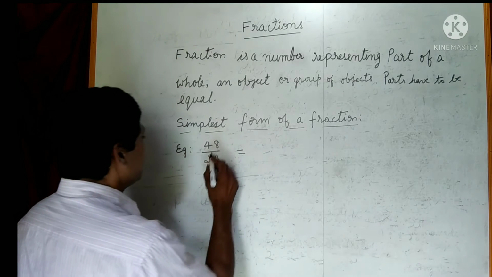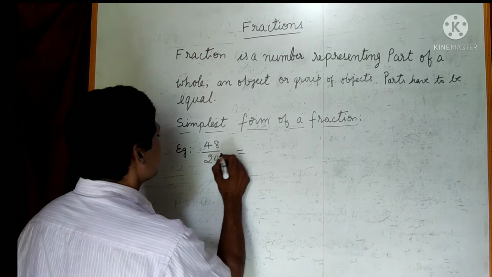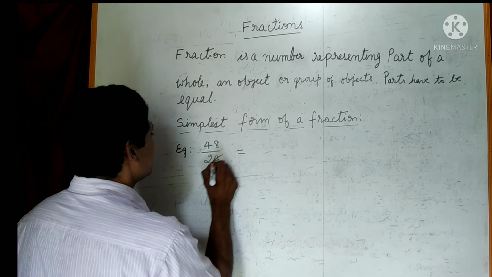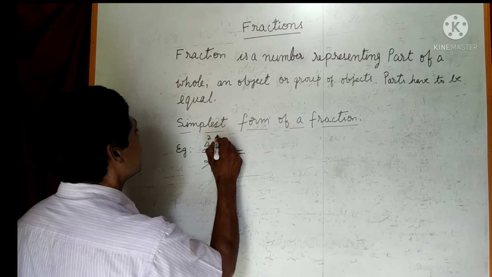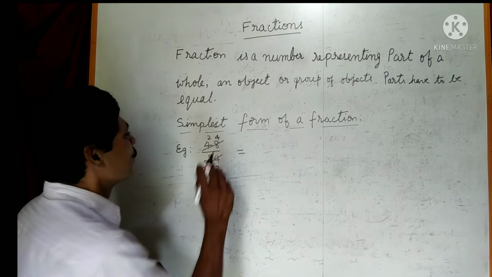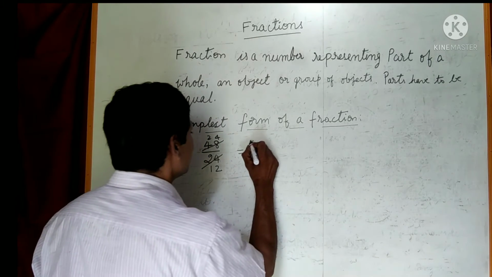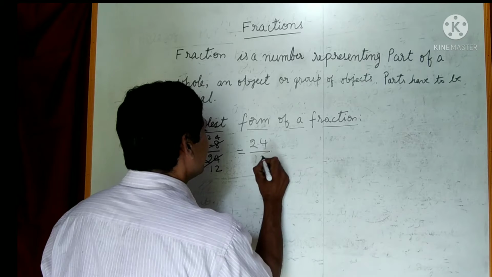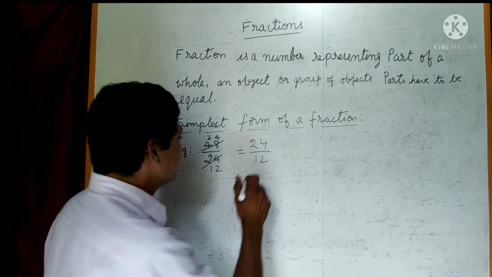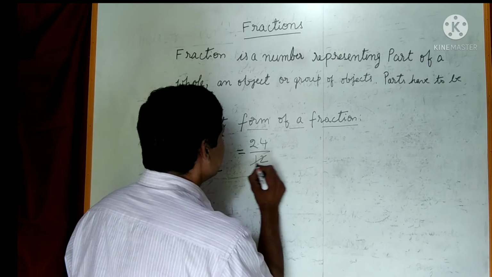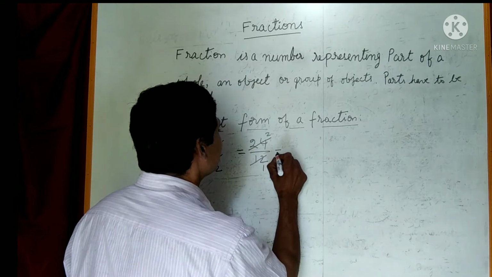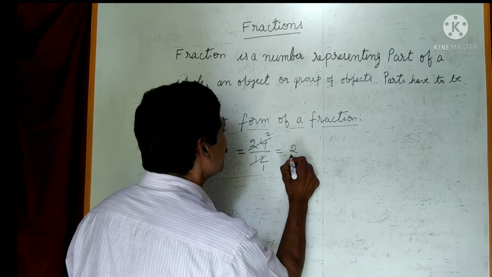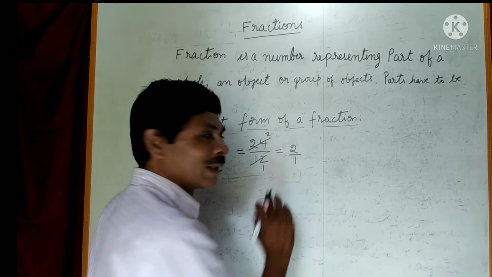Now we will simplify this. 2 1s are 2, 2 2s are 4, 2 4s are 8, is equal to 24 by 12. Again we will simplify this. 12 1s are 12, 12 2s are 24 is equal to 2 divided by 1.